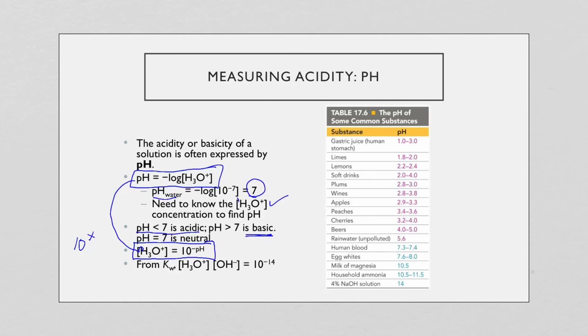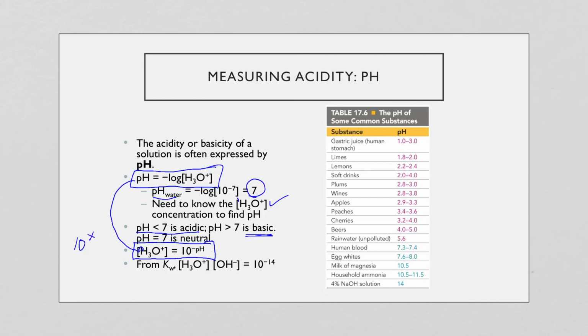Now, I know from KW, right, that hydronium times hydroxide must be 1 times 10 to the minus 14th. So what we start getting is these equations that start to work together, right? So if I know one of these concentrations, and I know that the product always has to equal 1 times 10 to the minus 14th, I can always find the other one.